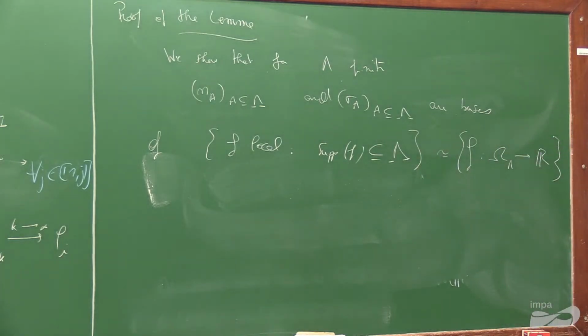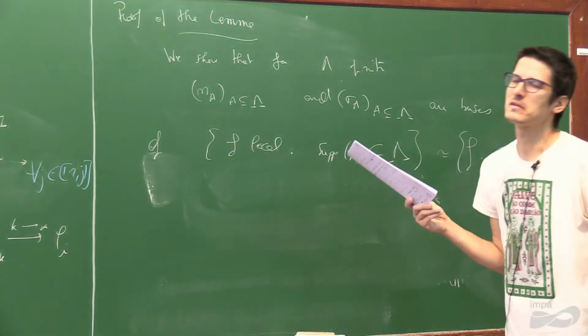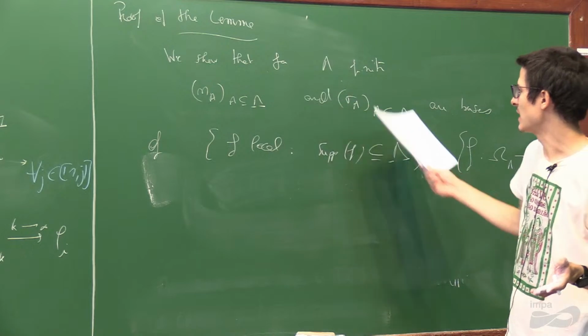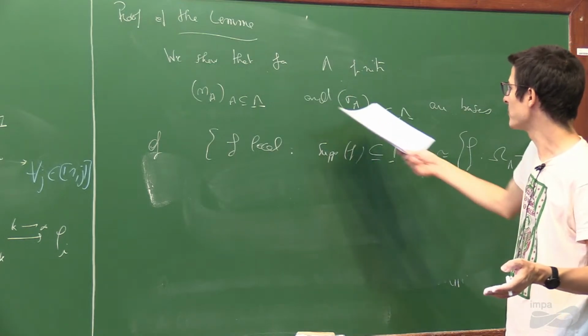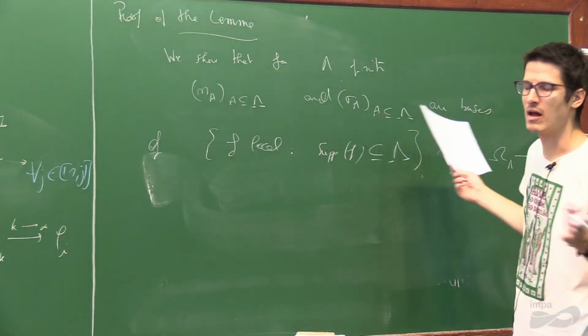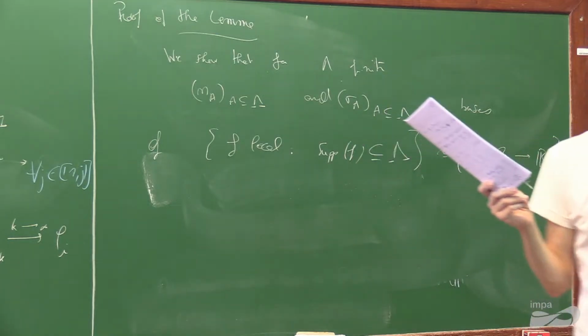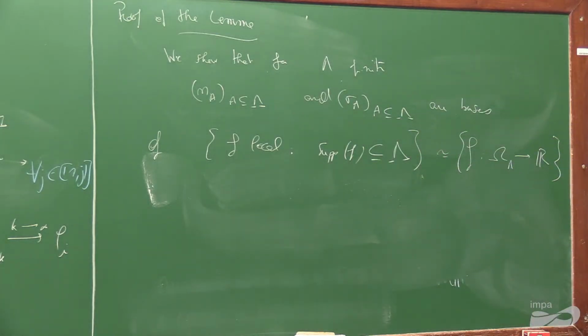And of course, depending on the context, sigma_A you can see as an element of omega or as an element of omega lambda. It's not a problem. There are abuses of notation everywhere, but they are not really problematic.